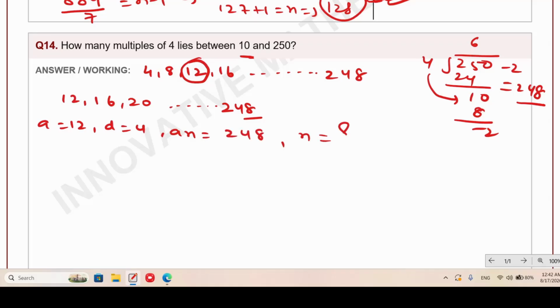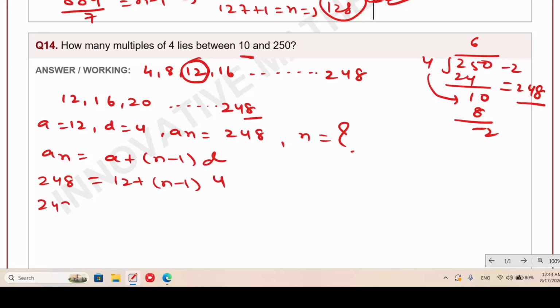We need to find the value of N. So An is equals to A plus N minus 1 into D. So 248 is equals to 12 plus N minus 1 into D, which is 4. So 248 minus 12 upon 4 is equals to N minus 1.